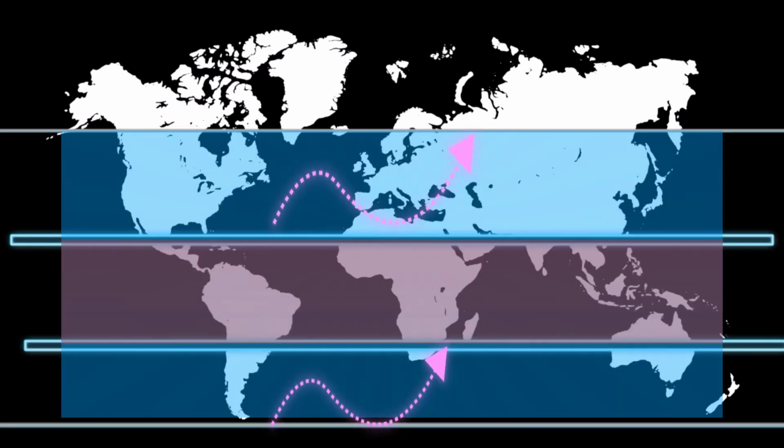Temperate zones. These zones are located just above and below the torrid zone. In the northern hemisphere, it lies between the Tropic of Cancer and the Arctic Circle. In the southern hemisphere, it lies between the Tropic of Capricorn and the Antarctic Circle.